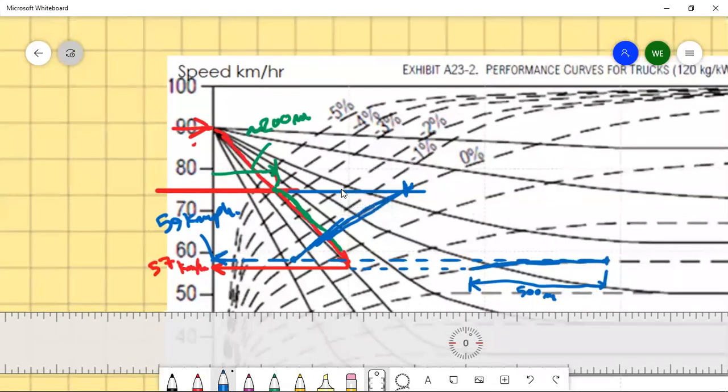If we are starting here, this is almost 400 meters, the distance from here until we reach this point.